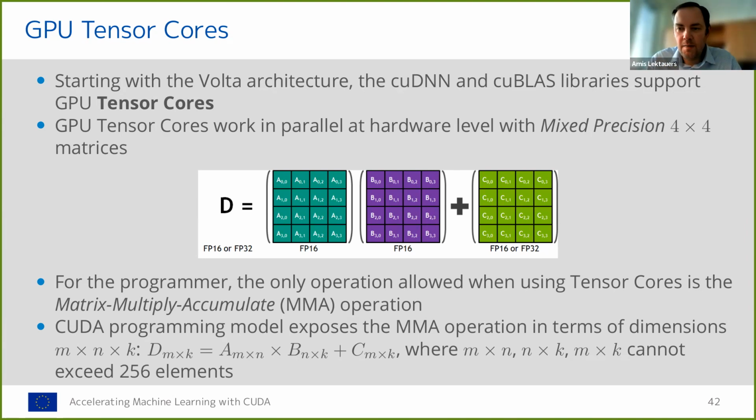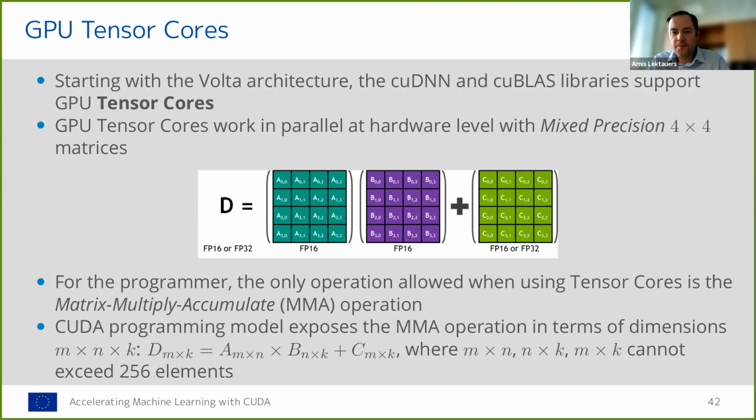Additionally, a very important part is mixed precision support, because matrix multiplication is related to the usage of 16-bit floating point numbers or 32-bit floating point numbers. And Tensor Cores use the matrix multiply accumulate, MMA, approach.